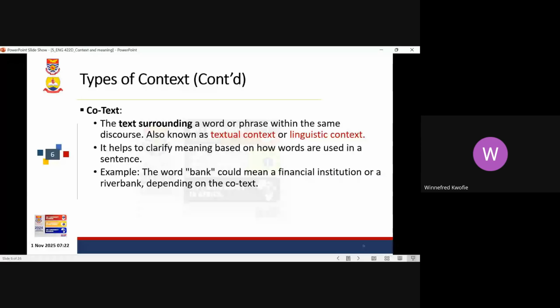In the second sentence, you hear river. And so money and river show the meaning of trunk or the meaning of bank that is being referred to. So it's the surrounding words and text that occur with the word that you are looking for the meaning of. It's those surrounding words that will help you to understand the specific or particular meaning of that word that is being referred to. So that's the meaning of co-text.